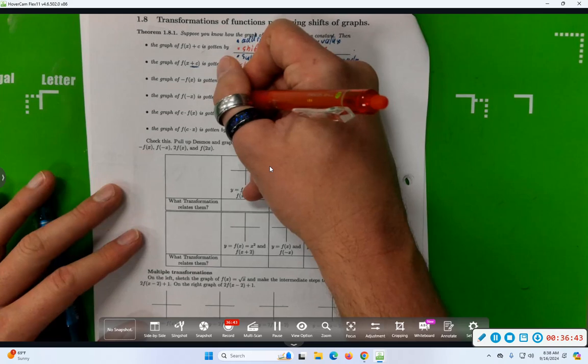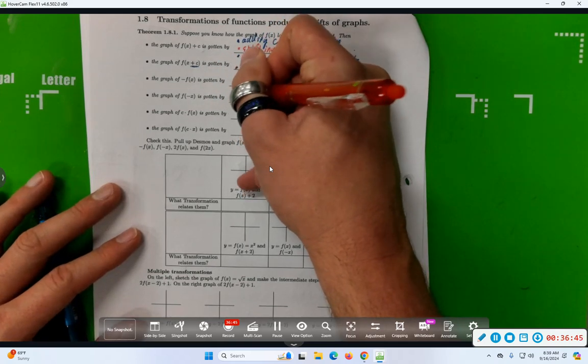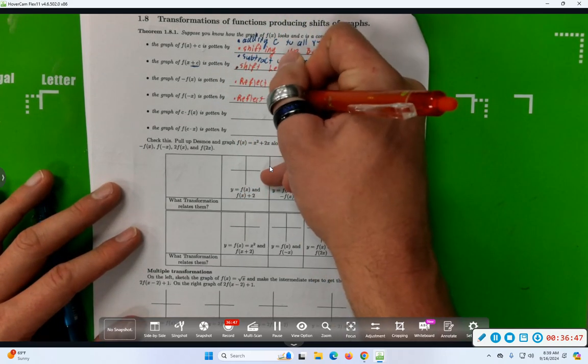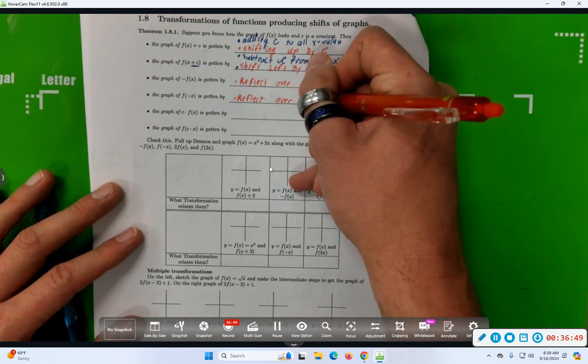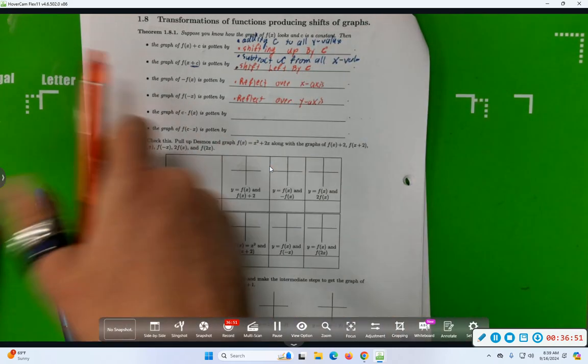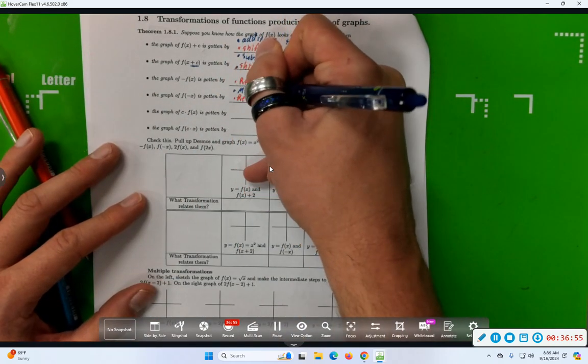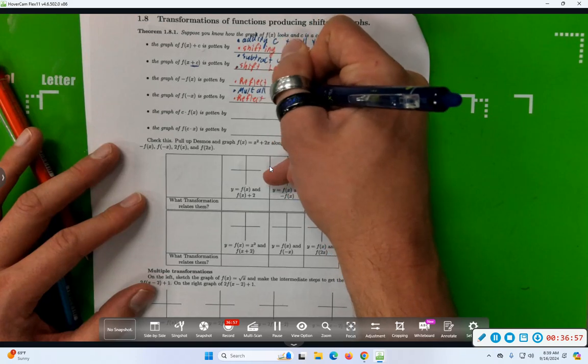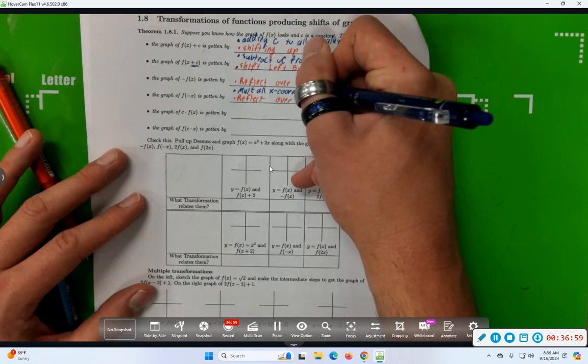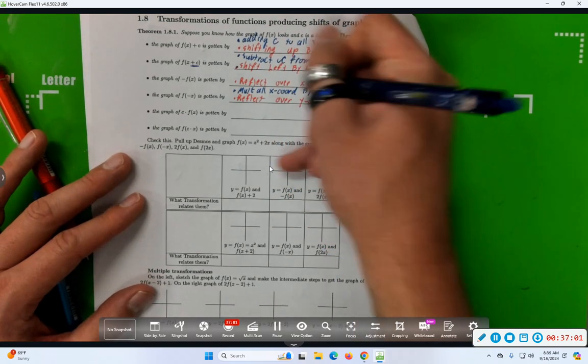So on the one hand, you reflect over the y-axis. And why do you do it? You do it because you want to multiply all x coordinates by -1.